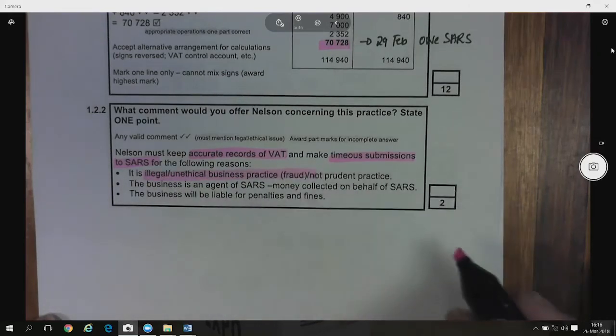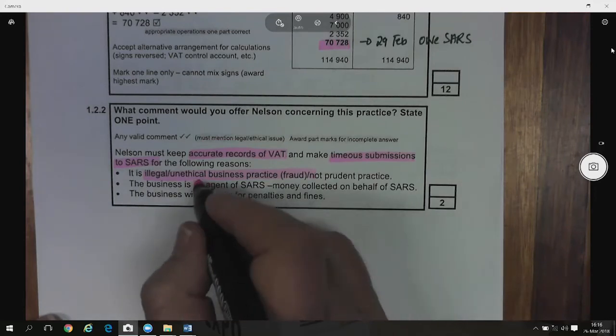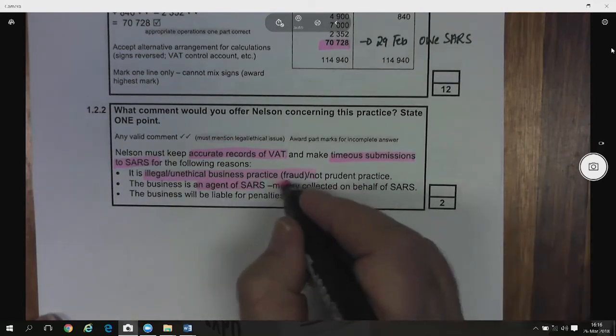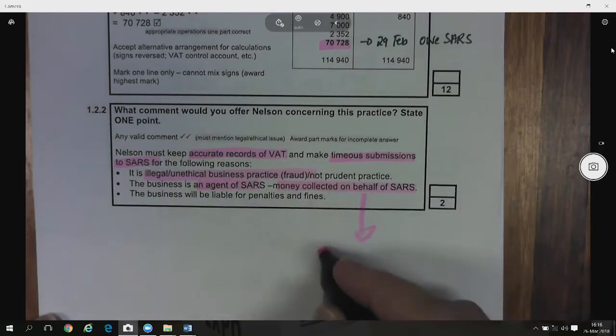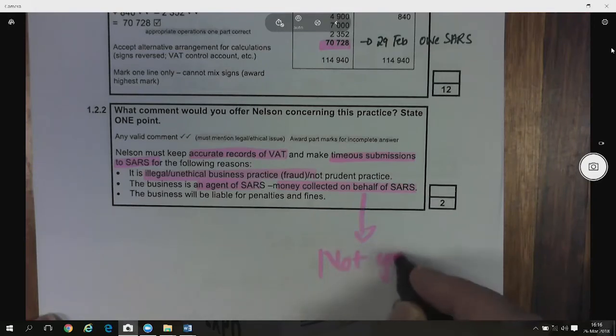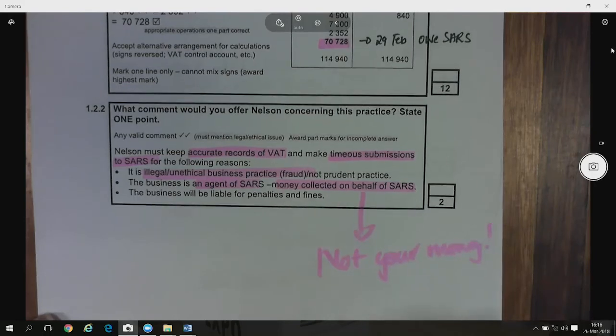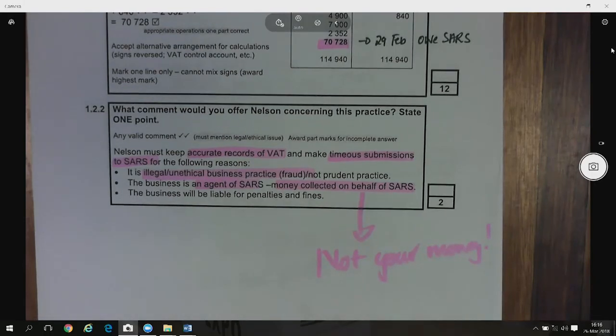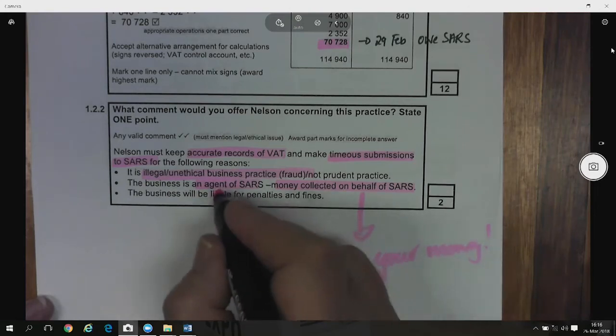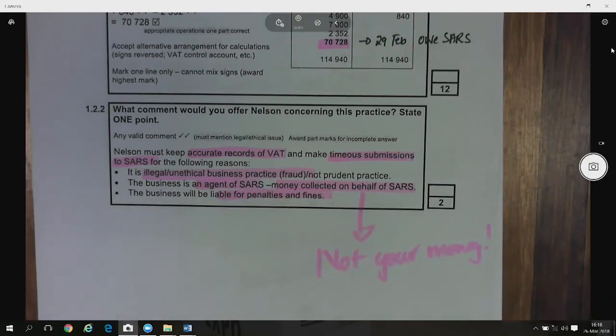If you don't pay them on time, the business is an agent of SARS, money collected on behalf of SARS. It's not your money. Lots of people in real businesses put that money aside in a different account because they don't want to use it. They will be liable for penalties and for fines.